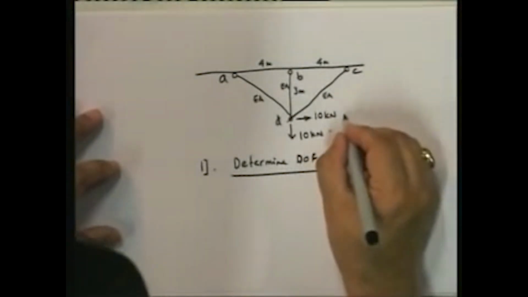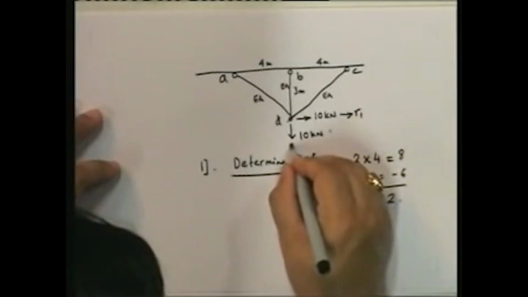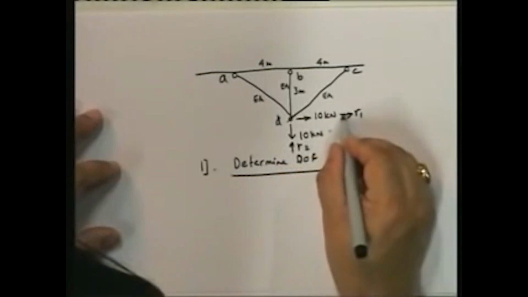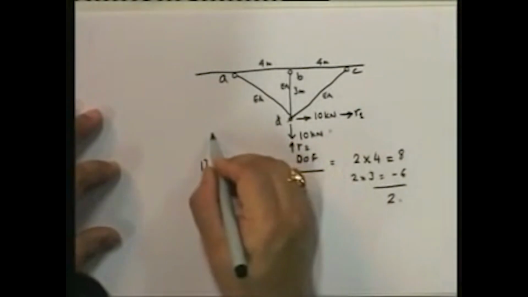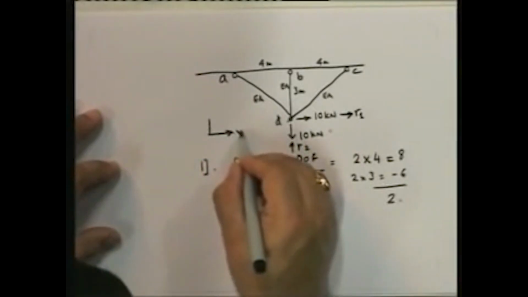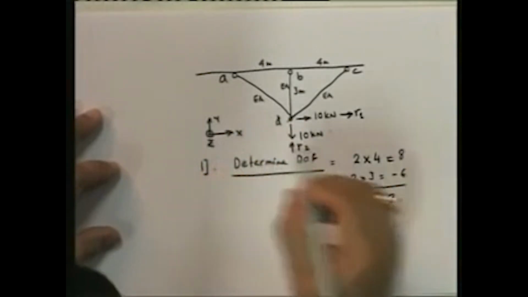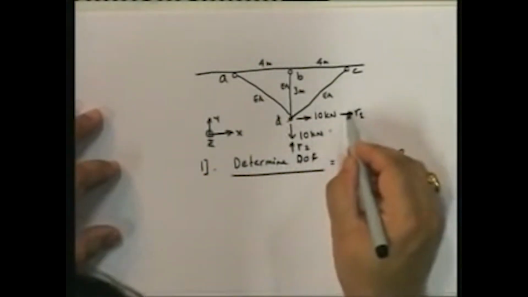What are those 2 degrees of freedom? I'll define them as R1, R2. Note that I always define my displacements along the positive direction. This is my coordinate system for the structure. So my degrees of freedom are positive in the positive direction.